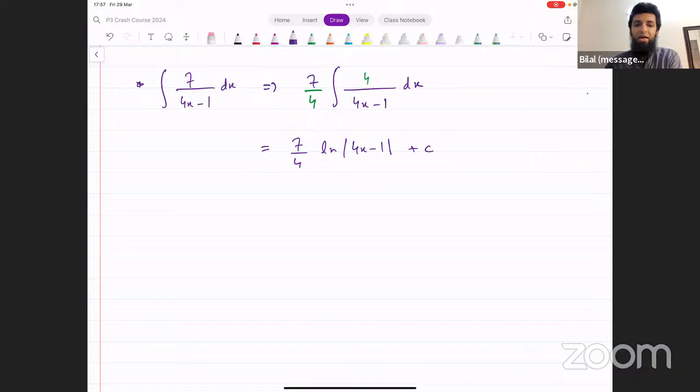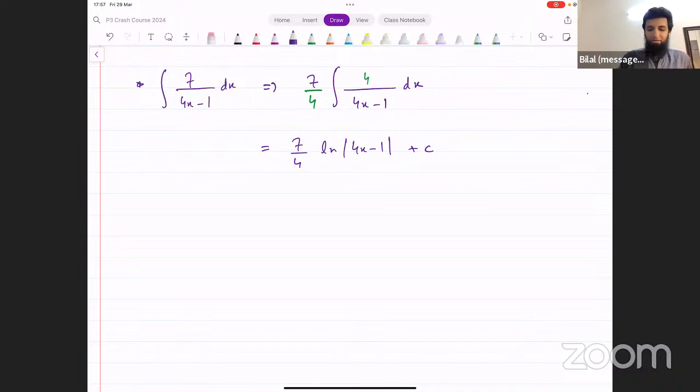So sometimes the given form is not the standard form, where the numerator is the derivative of the denominator. What we have to do instead is multiply or divide by a constant like this to convert to that form first. Does this make sense? Any quick questions on this? No?